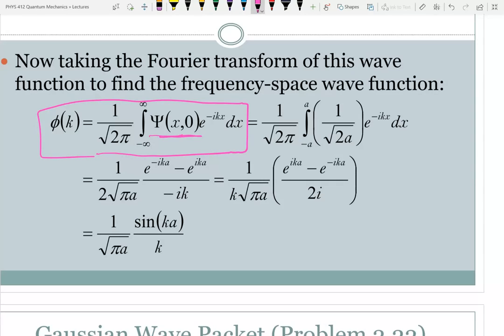So here is the normalization constant, A, and then it's times 1, so it's just A, e to the minus ikx. So this here is the psi of x, and notice the limits are only going from minus a to plus a because it's constrained to be in there. Well, if you do this integral, what's the integral of e to the minus ikx?